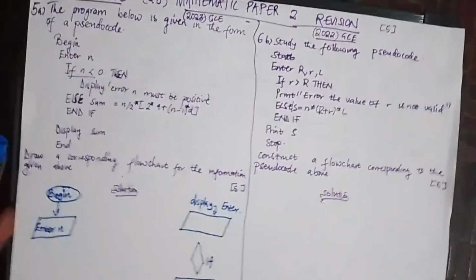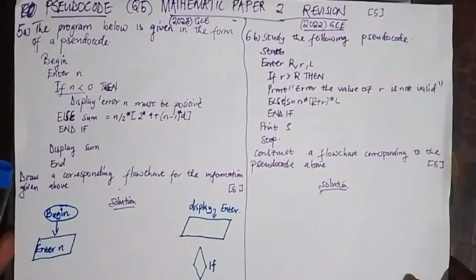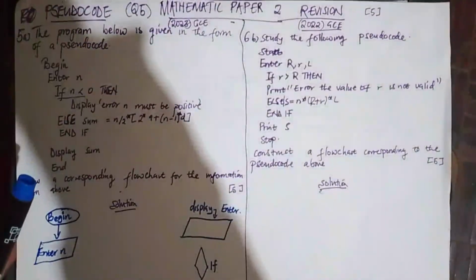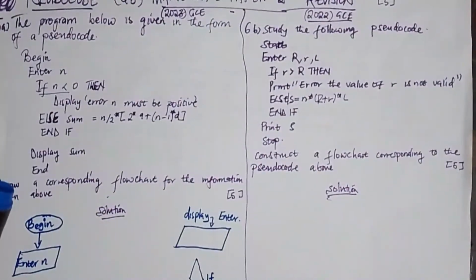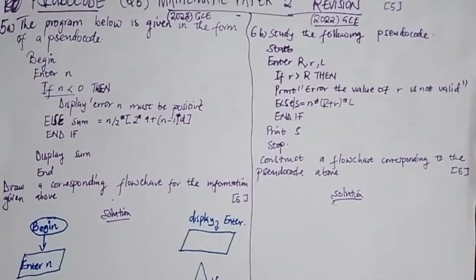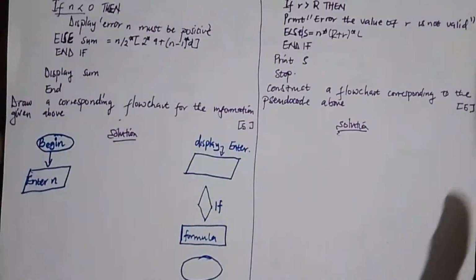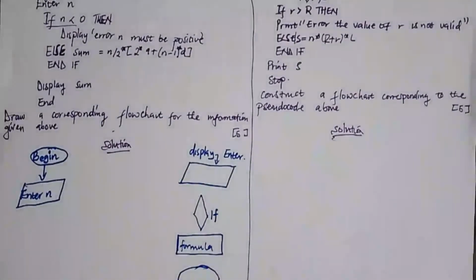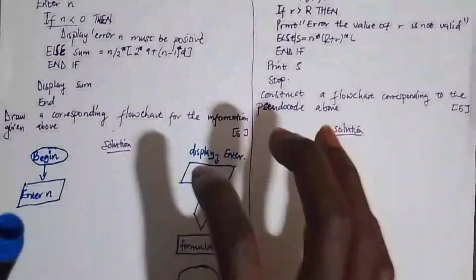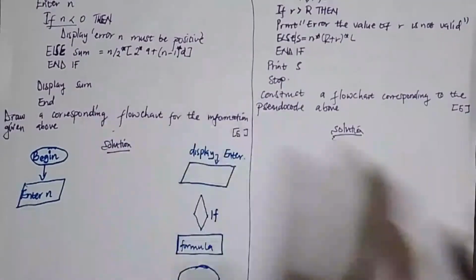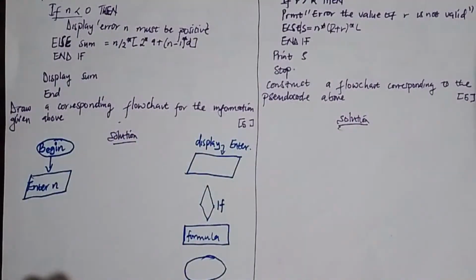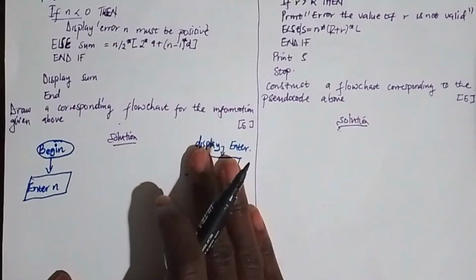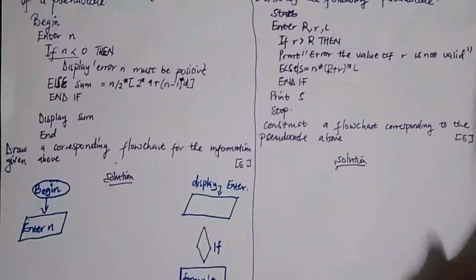The reason this question is simple is because you just copy what is there and paste it. No need of thinking. Here, what you need to understand are just the shapes.